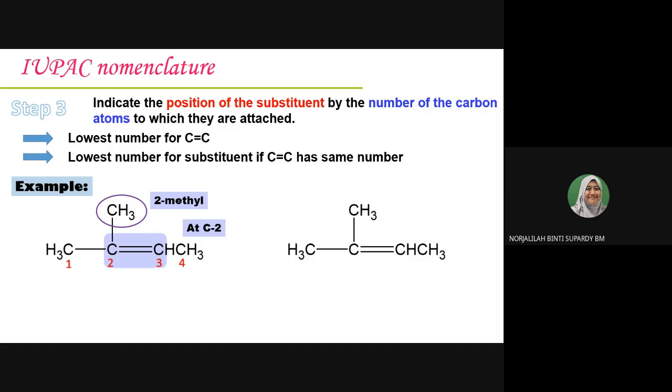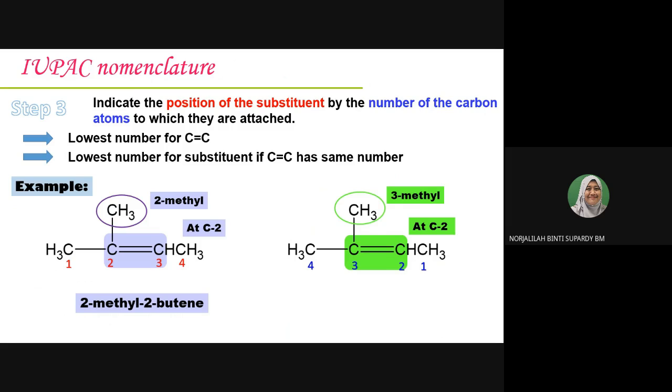If we number from the right side, the carbon double bond is at carbon number 2, but the substituent is at carbon number 3. Therefore, we prefer the IUPAC name which has the smallest number. We compare 2-methyl-2-butene with 3-methyl-2-butene, so we prefer 2-methyl-2-butene.